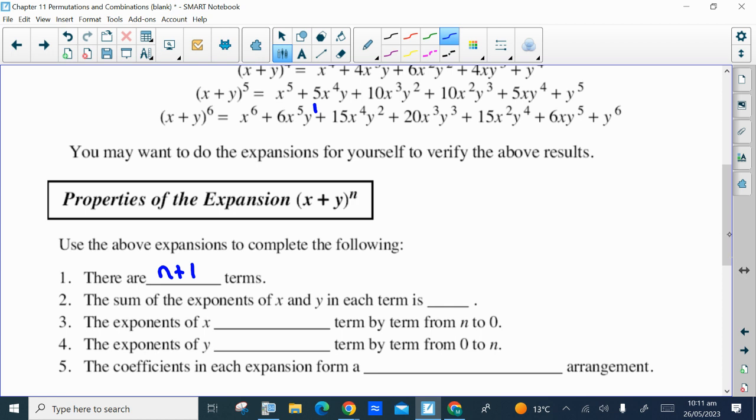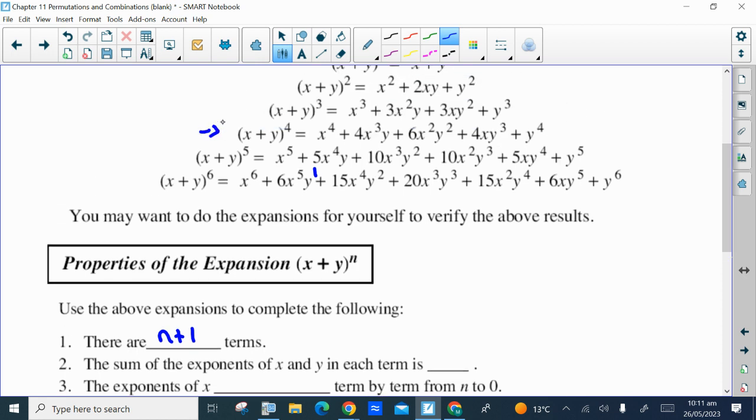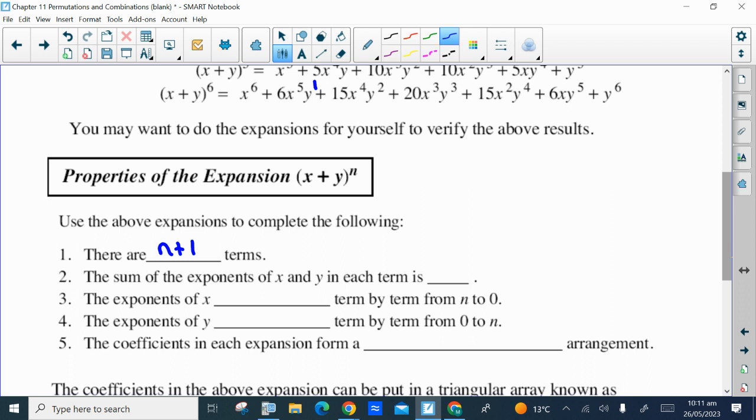If we go up a couple rows to where n is 4, the same thing happens. 4 plus 0 is 4. 3 plus 1 is 4. 2 plus 2 is 4, and so on. So that's true for every row and every term in that row. The sum of the exponents of x and y in each term is equal to n.